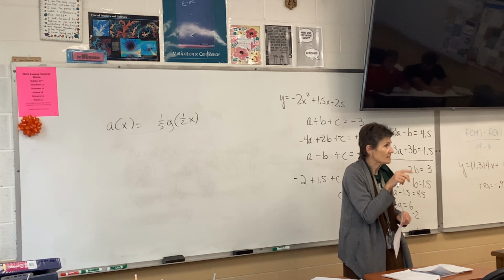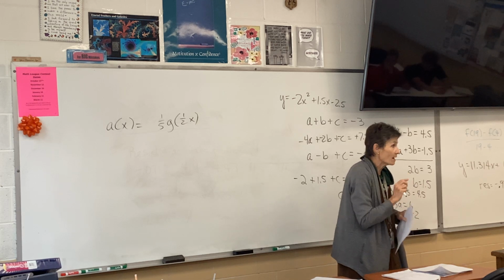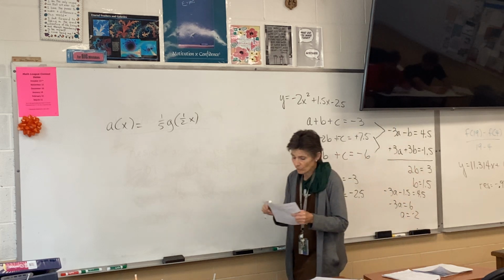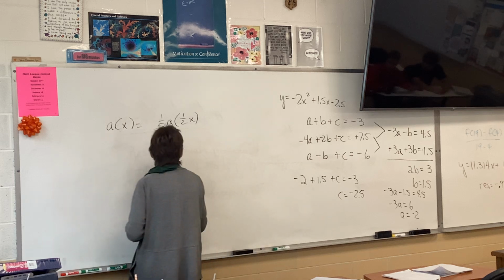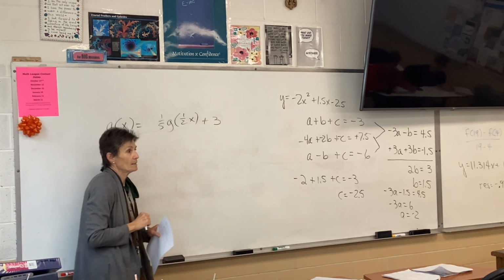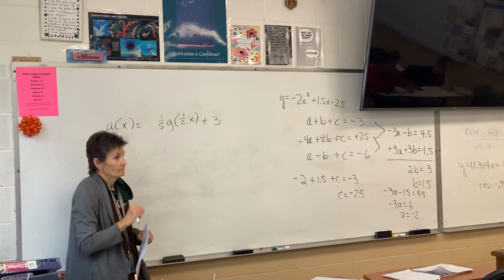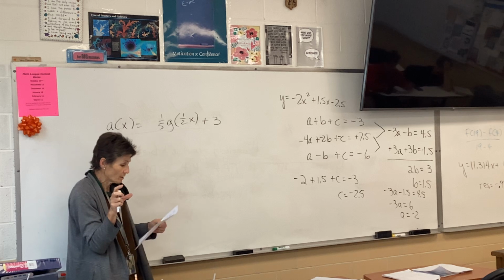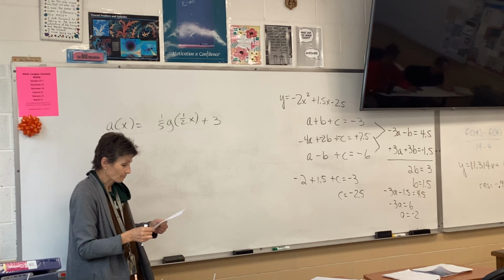If it's in the parentheses, it's opposite. If it's not, it's exactly what it says. So, vertical translation of 3, how do we do that? Plus 3. So there's my equation, for lack of a better word. There it is. The expression for a of x.